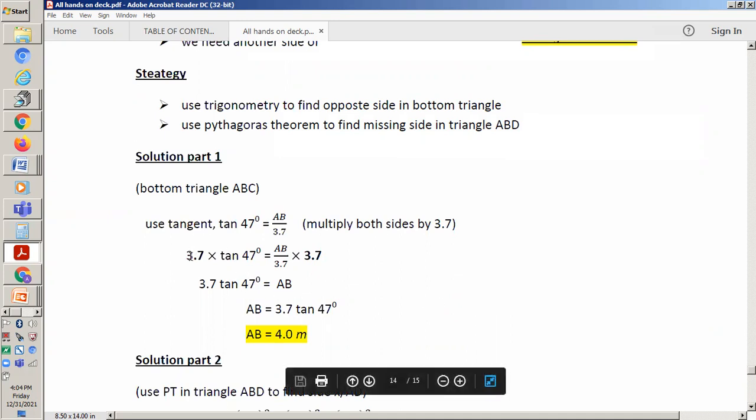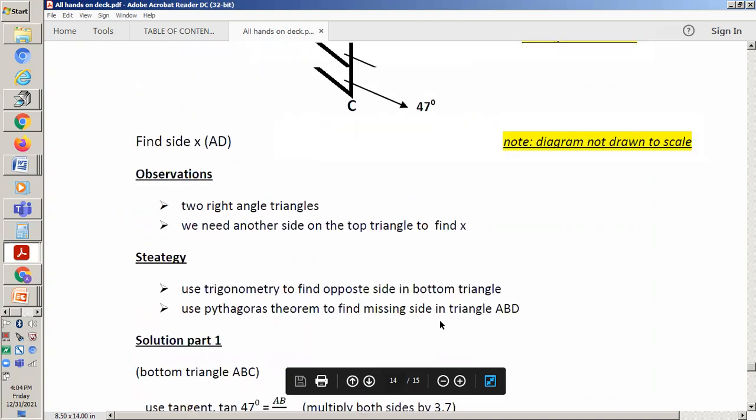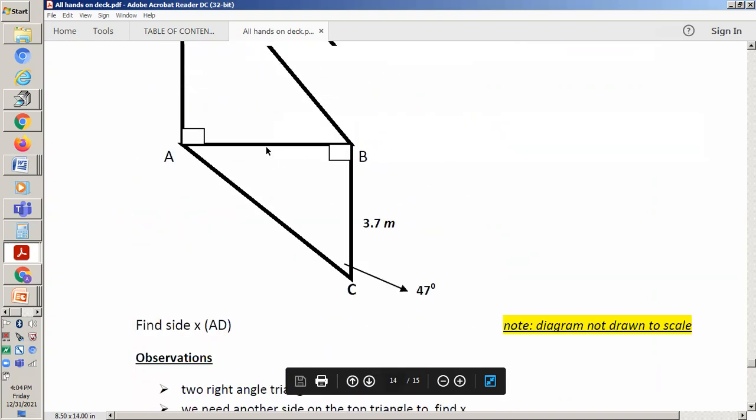So we multiply both sides by 3.7. These two 3.7 will cancel off. So AB is equal to 3.7 times tan 47, and that turns out to be 4 meters. So A to B is actually 4 meters.